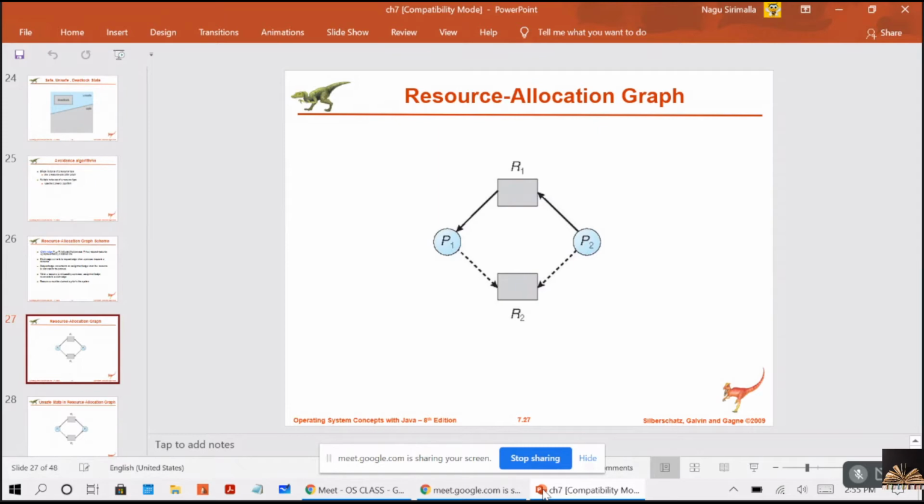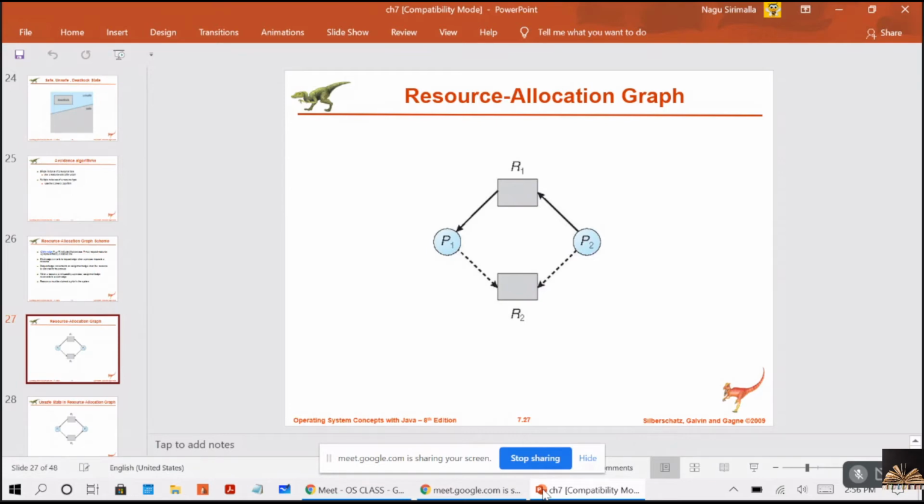If the cycle is found, then the allocation will put the system in the unsafe state. In that case, PI will have to wait for its request to be satisfied. As a loop చేస్తుంది అనుకోండి, it has to wait until any one of the edges is disconnected. Until one of the processes is releasing a resource, right?